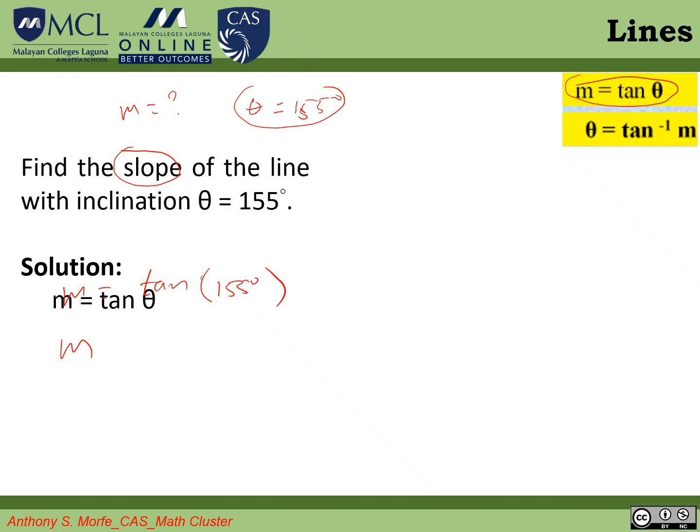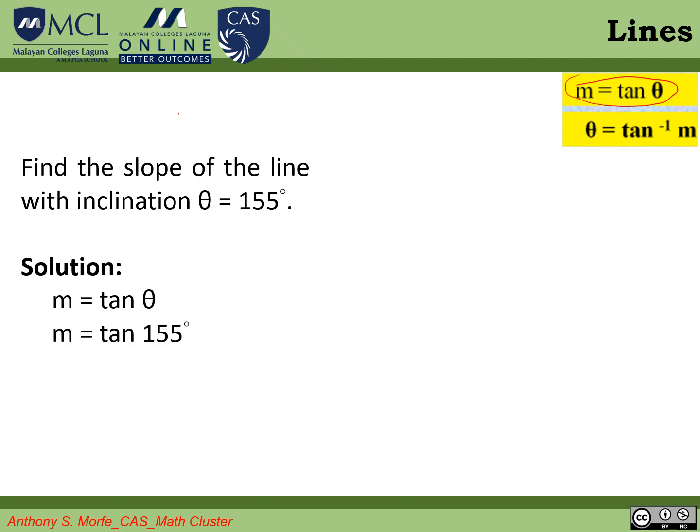Okay, so I'll just show the solution because we have solved this already last time, and there's a solution in the slide itself. So tangent of 155 is minus 0.447. So you see, this is negative. So if that is negative, what does it mean?